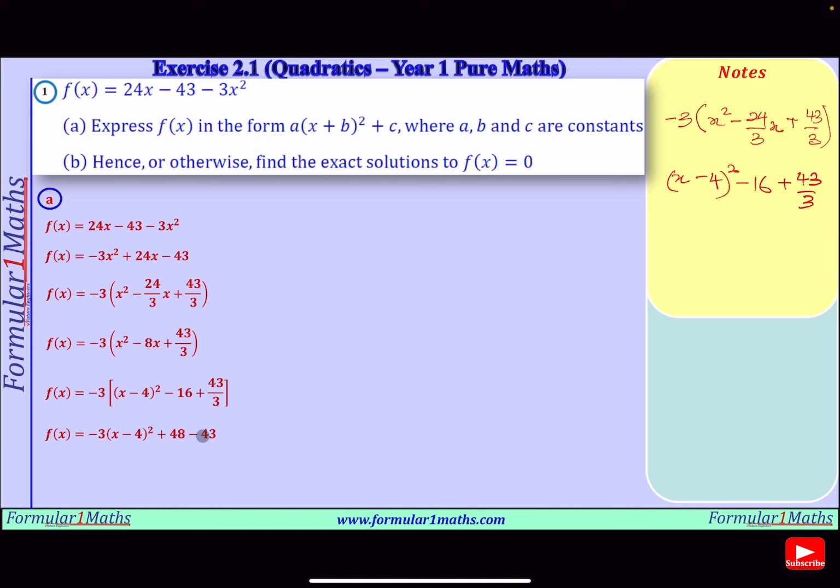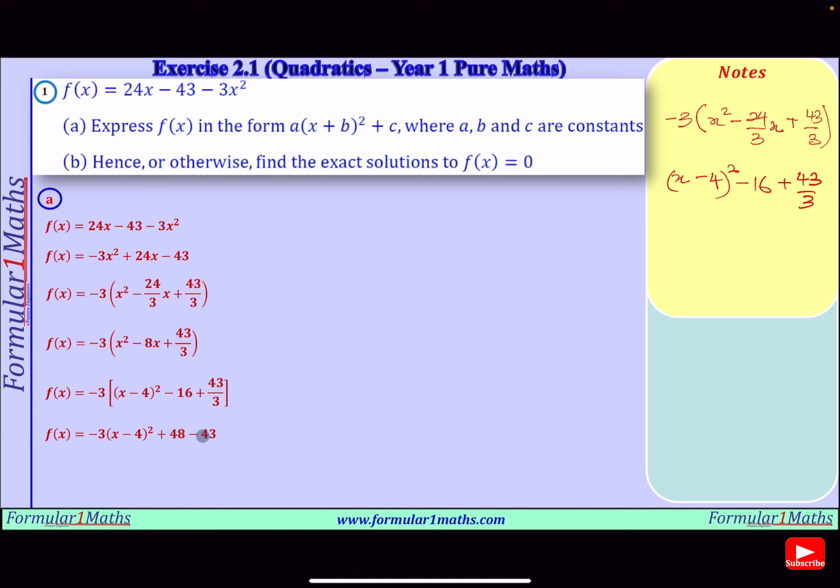B. We are told to solve f of x equals 0 to find the exact solutions. But we know that f of x can now be written as minus 3 brackets x minus 4 all squared plus 5.